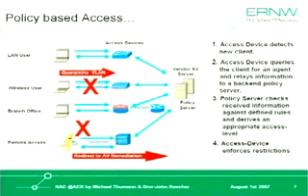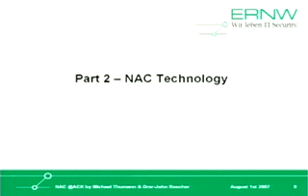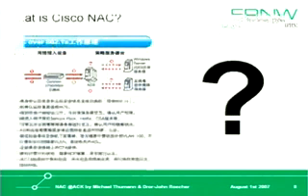The backend server derives a so-called token, which is then associated with restrictions. These restrictions are communicated back to the network access device, and then they're enforced. That's basically how it works. We'll look at this in a bit more detail.